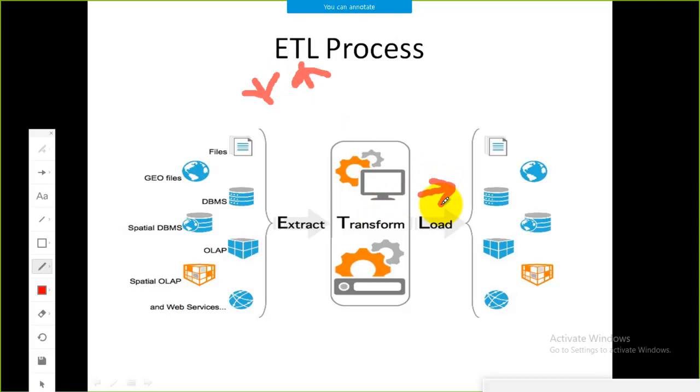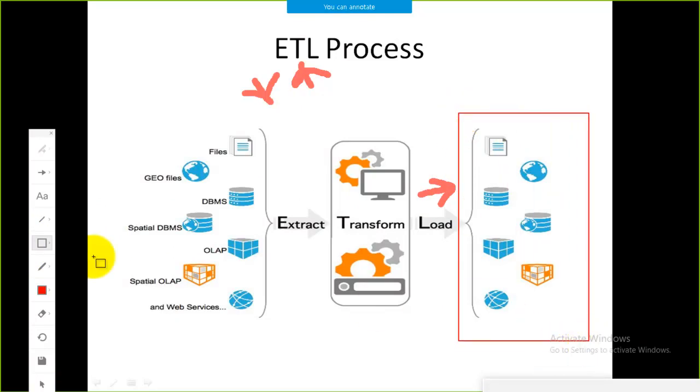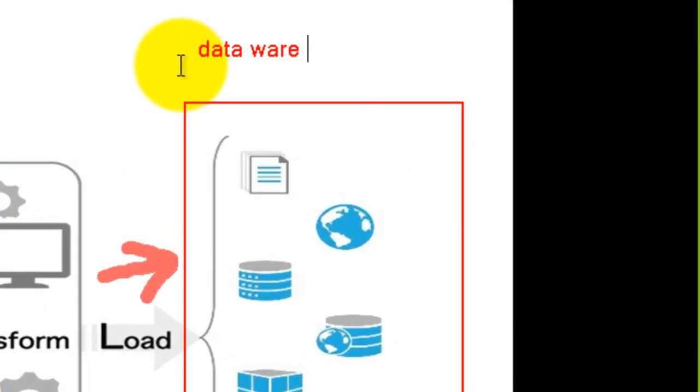Load means to place the data at the target database, and the target database in the ETL process is generally called the data warehouse. Okay, so the current session is just to explain where the ETL process comes into the picture.